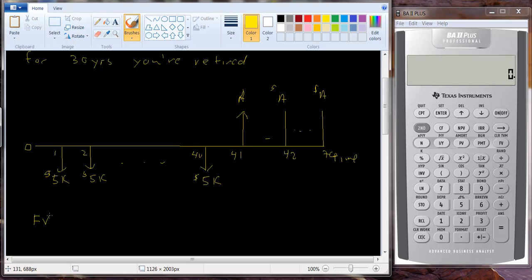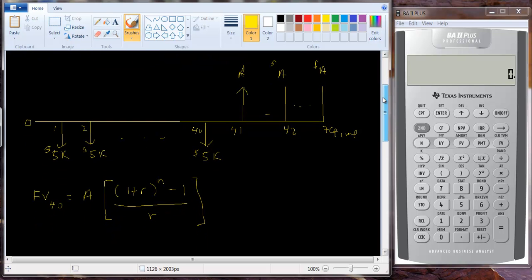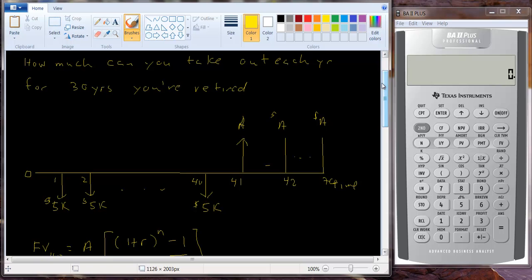So the future value in year 40 is going to be equal to the annuity times that future value annuity factor, which is (1 plus r) raised to the nth power minus 1, divided by r. And we can just substitute in, oops, I didn't give you an interest rate, so let's give you an interest rate, and we'll make the interest rate equal to 10%.